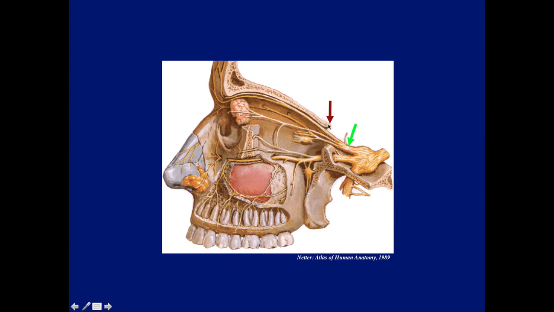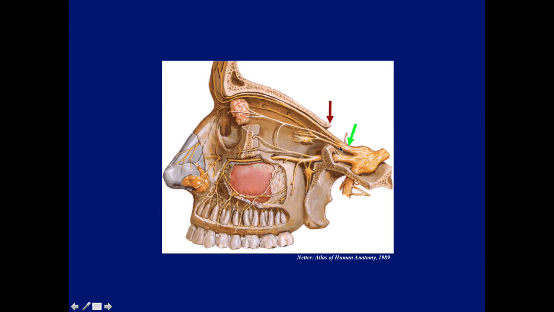In this diagram, we see again the trigeminal nerve in a sagittal view. So here we have the ophthalmic V1. This is the maxillary nerve going to the foramen rotundum, and the mandibular nerve going through the foramen ovale.